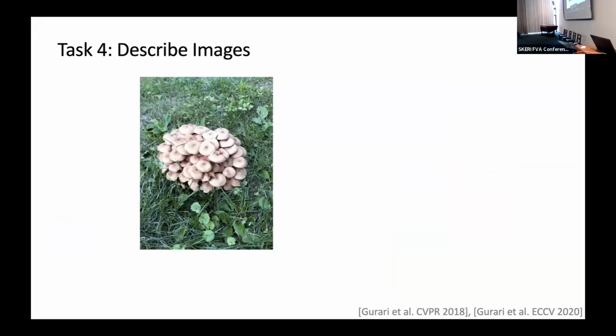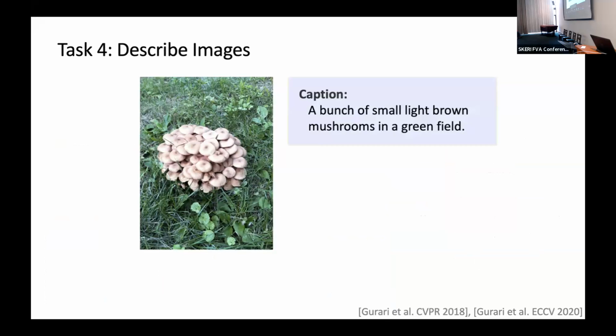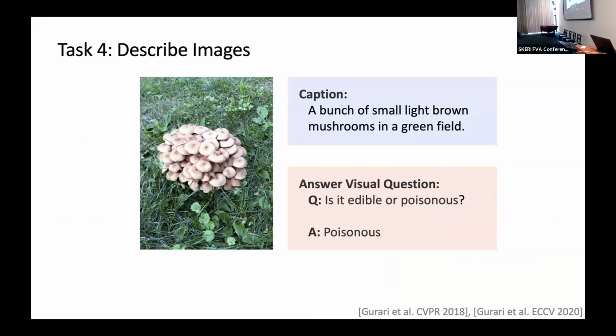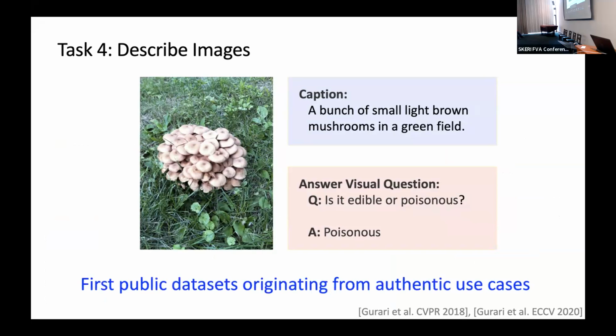Our final round of tasks that I want to highlight are around describing images, which was the original motivation in creating this data set. So given an image such as this one, either provide some kind of description, what we call a caption, often in our computer vision community, such as a bunch of small light brown mushrooms in a green field, or answer a question about the image, such as, is it edible or poisonous, where the machine should answer poisonous.